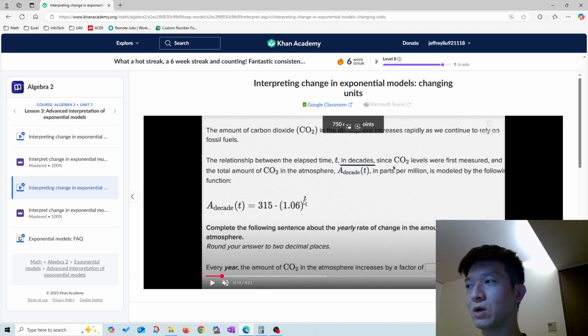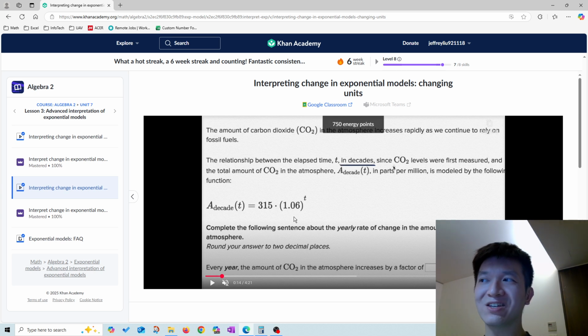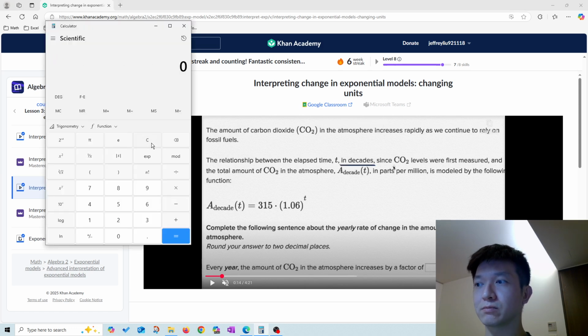So you plug in the 1/10 here, you're gonna see that factor right here. The whole thing is the factor. You're not gonna plug in 1, because 1 means decades in this case, but the question is asking you about the yearly rate, so you're gonna divide by 10. Alright, so let's do that right now.